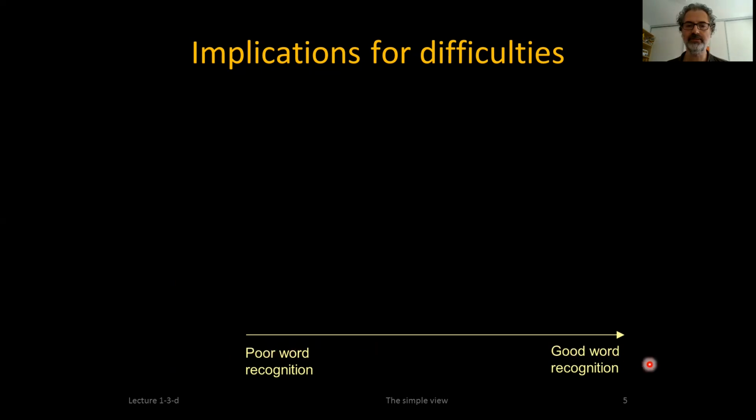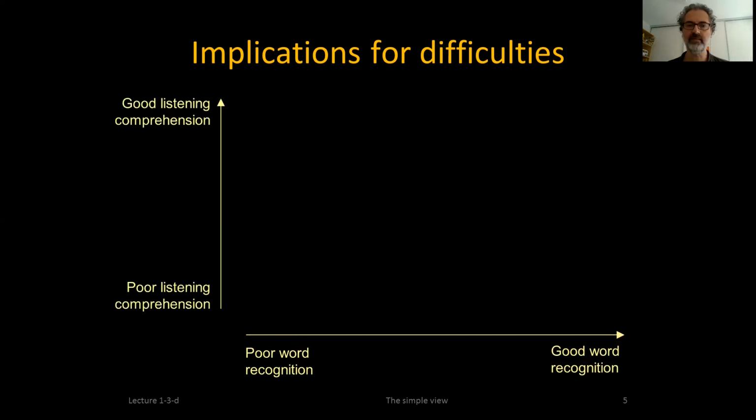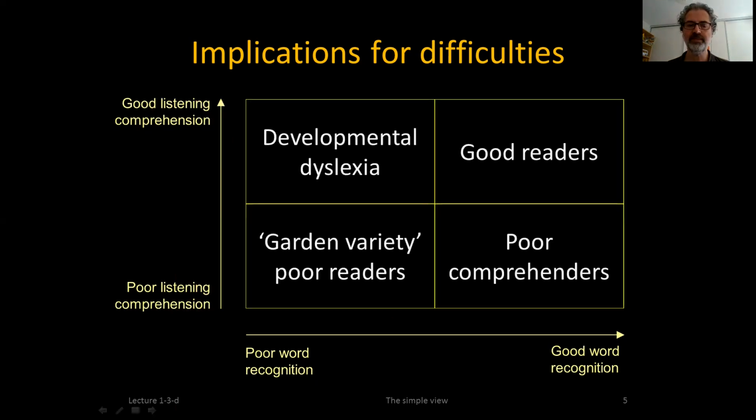So the horizontal dimension here displays word recognition or word decoding skill. And the vertical dimension represents oral language skill. So poor listening comprehension down here, good listening comprehension up here. Of course, these are both gradual, but we can imagine splitting a space in 4 quadrants.